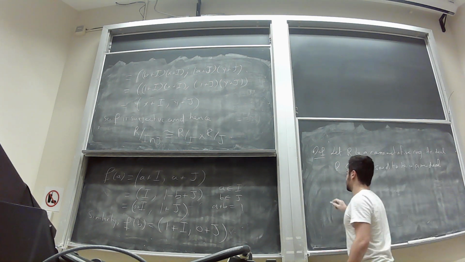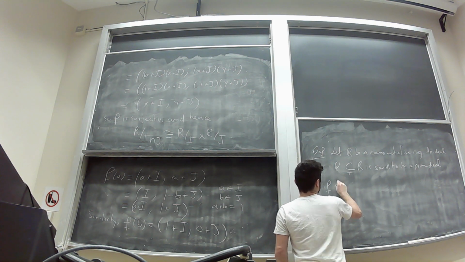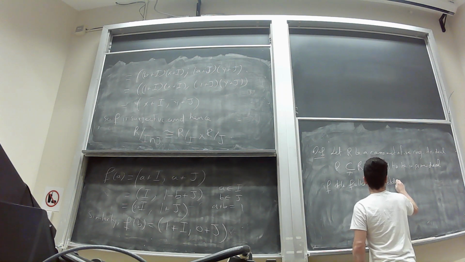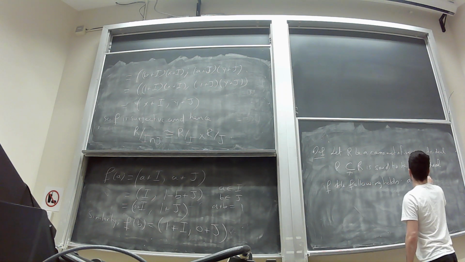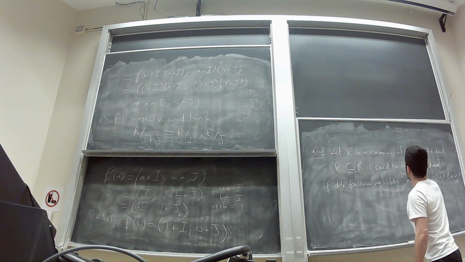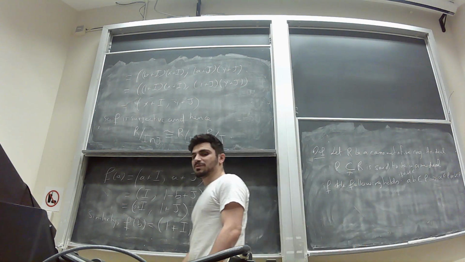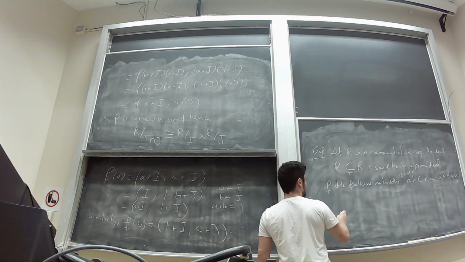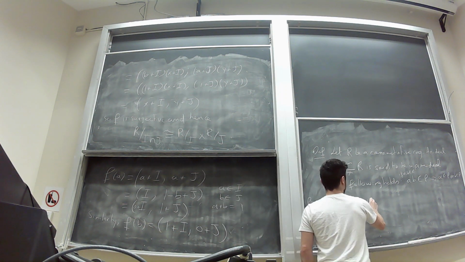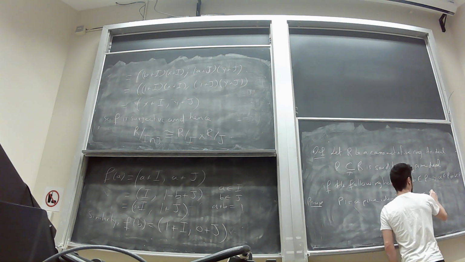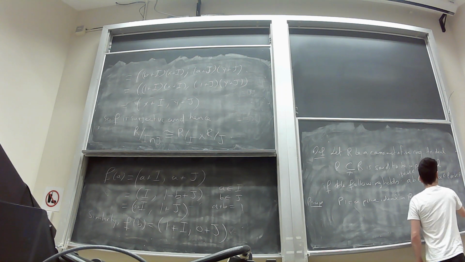It is a prime ideal if the following holds: ab belongs to P implies a belongs to P or b belongs to P. So if a, b are in R and ab belongs to P, then a belongs to P or b belongs to P. Proposition: P is a prime ideal in R if and only if R modulo P is an integral domain.